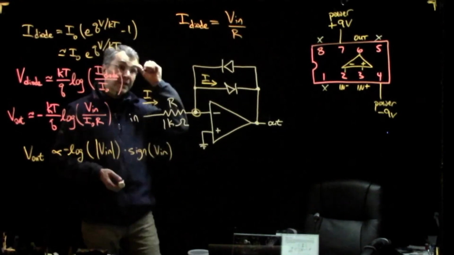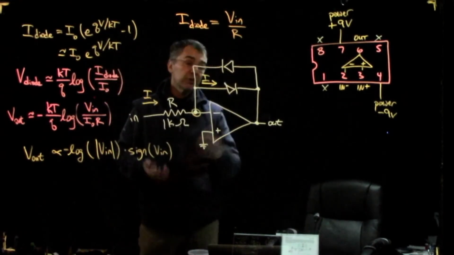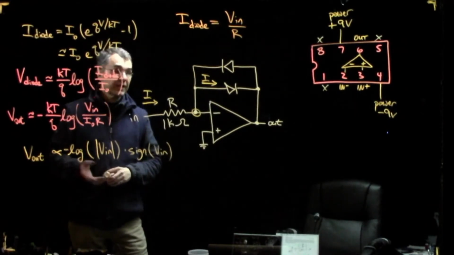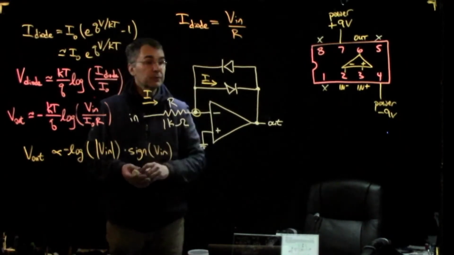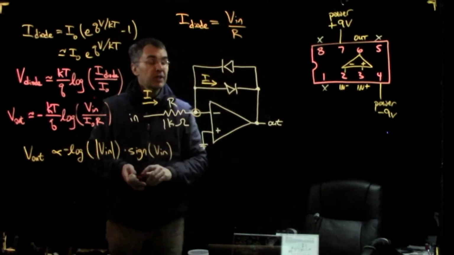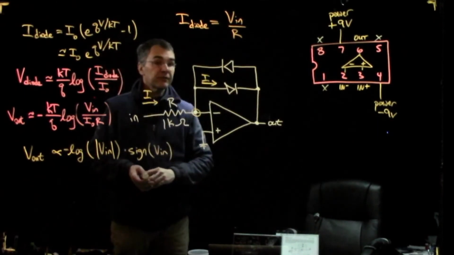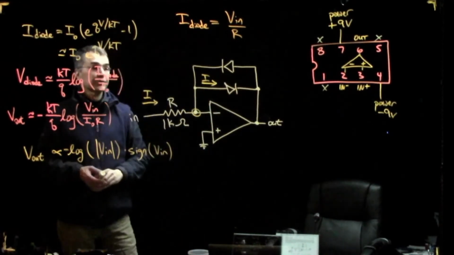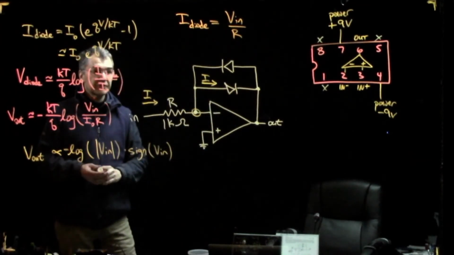You really only need one diode if you know the sign of the signal you'll be looking at. But we put two diodes here in opposite directions so that if the current goes to the right, it can flow through the bottom diode, and if the current goes to the left, it can flow through the top diode. That way we can handle a signal of either polarity.